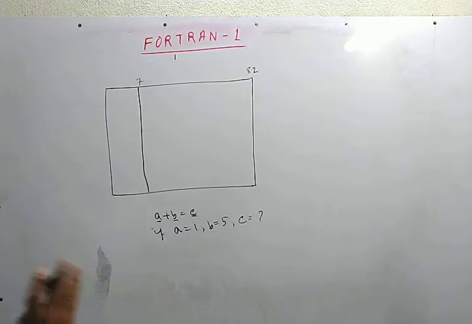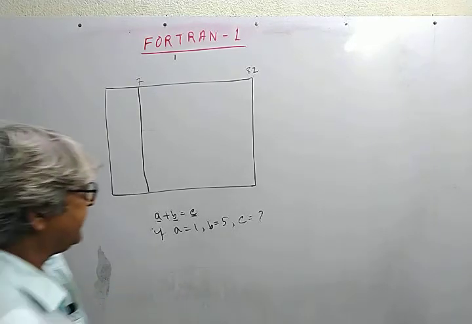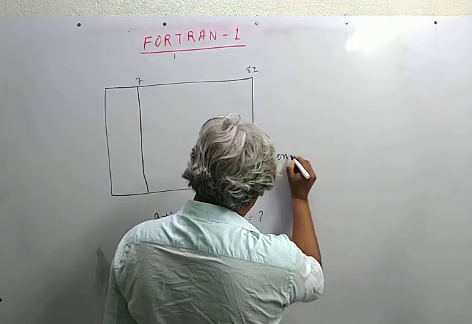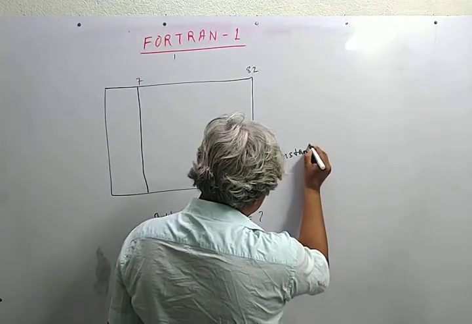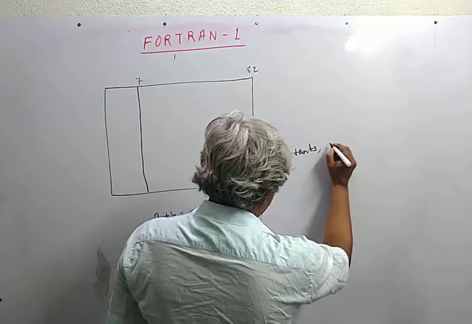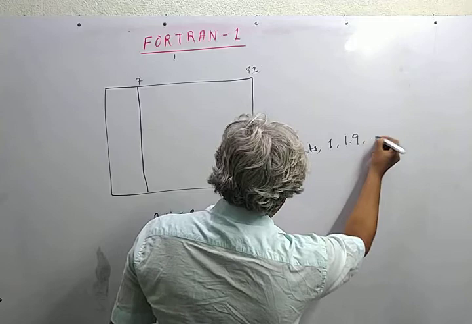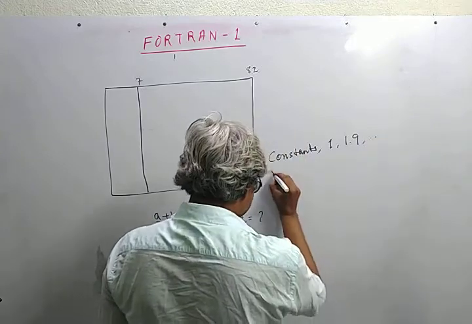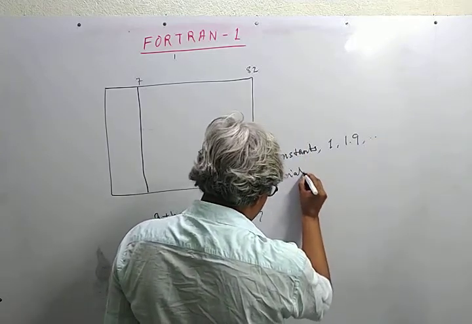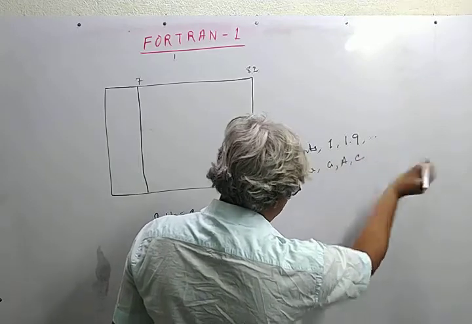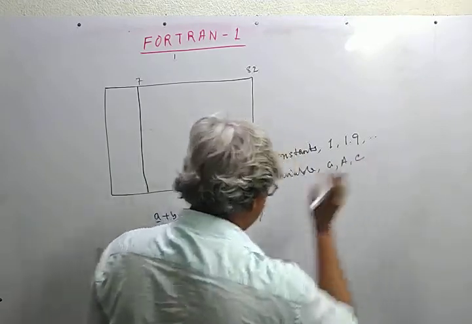First, let me clarify what is meant by variables and constants. Constants are these, Fortran constants: 1, 1.9, etc. They are the constants. And variables are small a, capital A, C, etc. These are the variables.